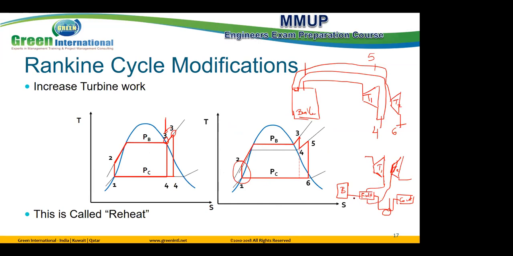So the temperature may start at 70 degrees, 80 degrees, something like this, and go to the boiler. So I decrease the heat input required to reach the required or setting temperature for the boiler output. So at the end we decrease boiler energy this way. Okay, and it goes to expand again.